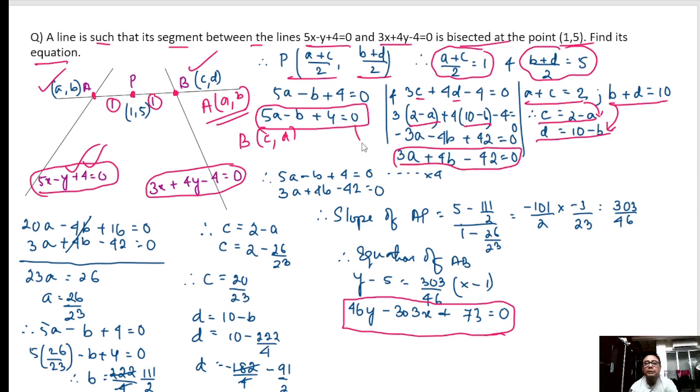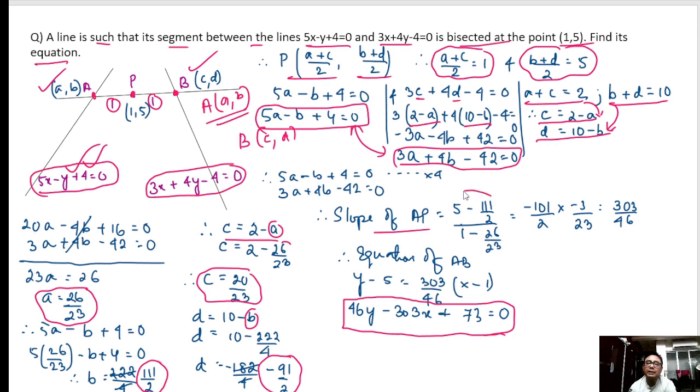Now we will solve these two equations, and when we solve these two equations, we are getting a, similarly we are getting b. Now putting the value of a, we are getting c, and putting the value of b, we are getting d. So that means we got a, b, c, d, so we can easily find the slope of AP.